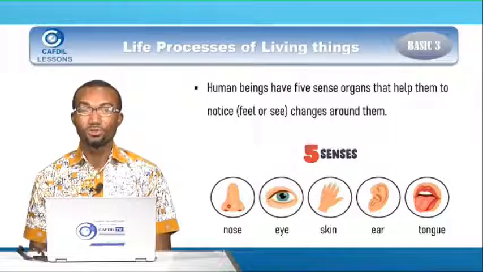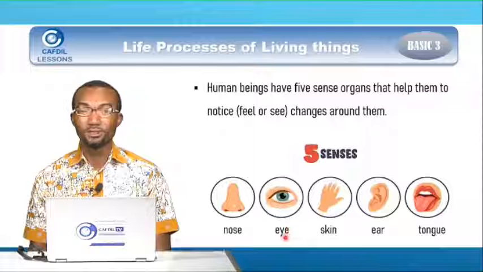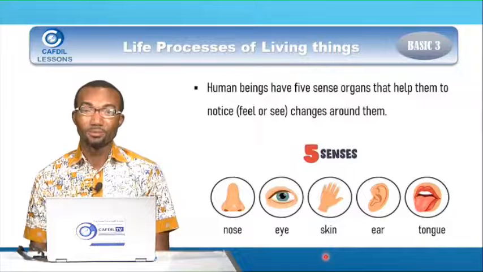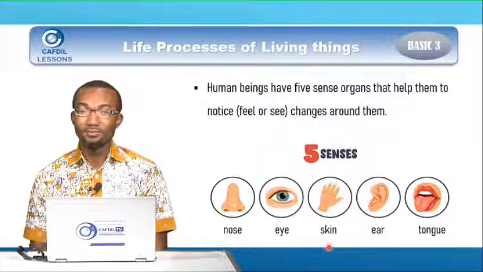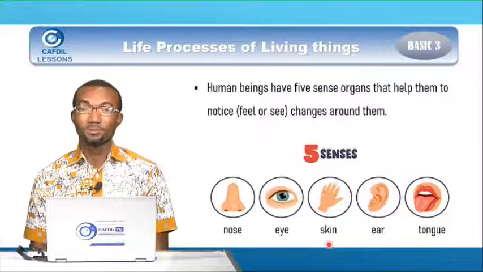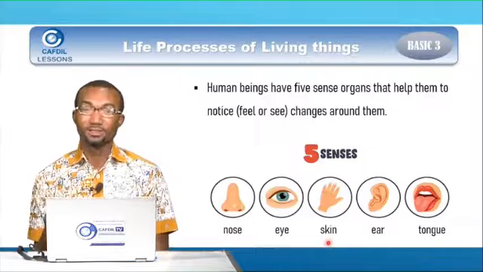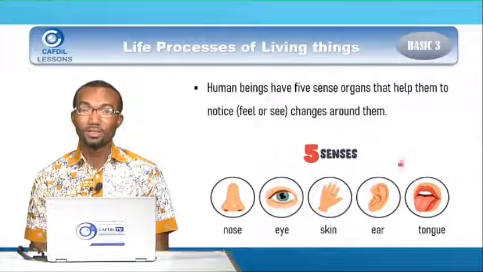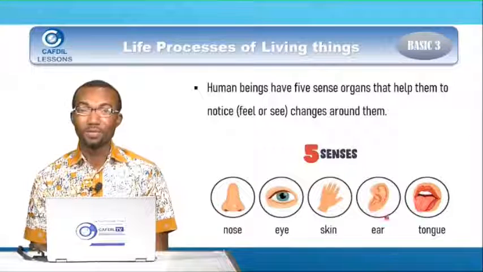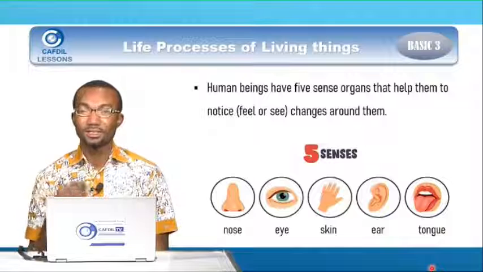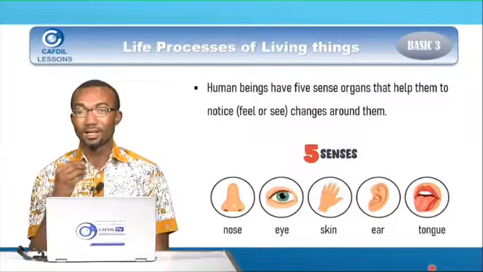So you use your nose to smell, eye to see, skin to feel. If I step on a sharp object, I'll feel that I have hurt myself. If I step on fire, it will hurt me because I feel it. If there is any noise around, I will hear it. If I put anything in my mouth, I can taste whether the thing is salty or has too much sugar.